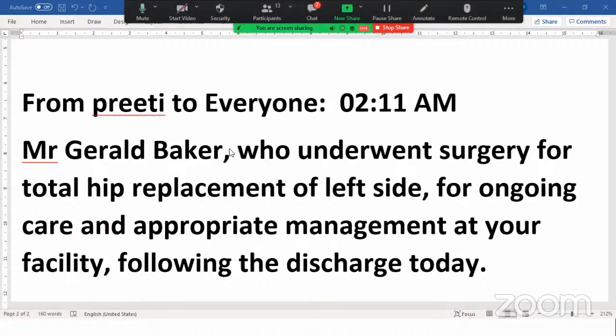Mr. Gerald Baker, who underwent surgery for a total hip replacement.